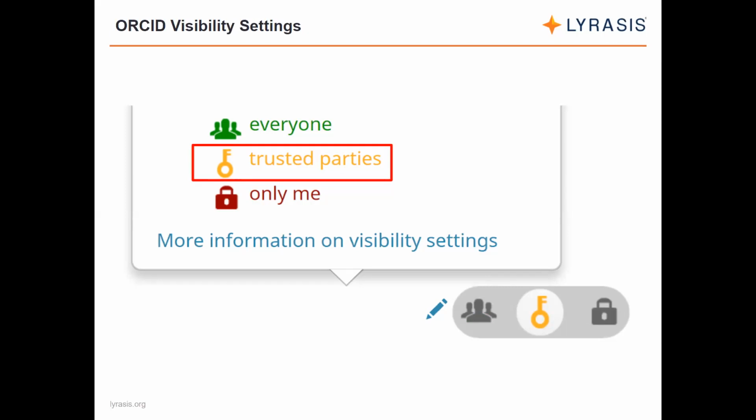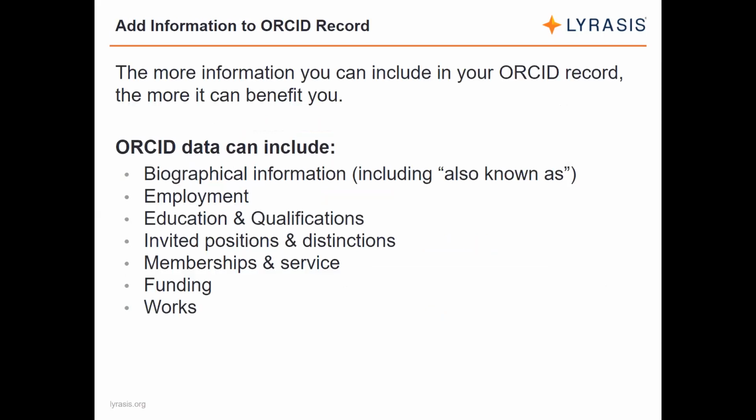And when it comes to adding information to your ORCID record, it really is pretty straightforward when you're logged in. There are several different sections that you can add information to. And just remember that the more information you have in your ORCID record, the more it will serve to distinguish you, and you can save more time when you're interacting with ORCID-enabled systems. So the ORCID record provides space for you to include biographical information about yourself.